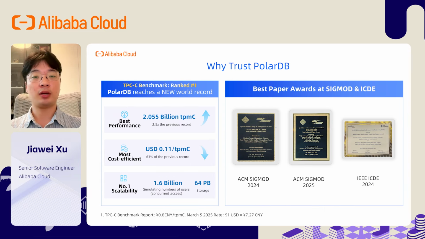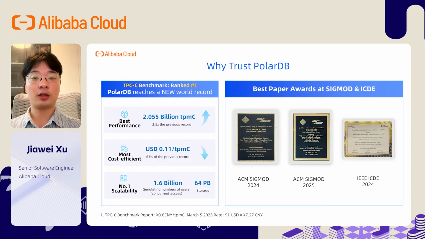So why trust PolarDB? Our credentials speak for themselves. PolarDB holds the first ranking in the TPCC benchmark, demonstrating record-breaking performance with 2.055 million TPMC. That's 2.5 times the previous record. We also achieved this with incredible cost efficiency at just 0.11 USD per TPMC.